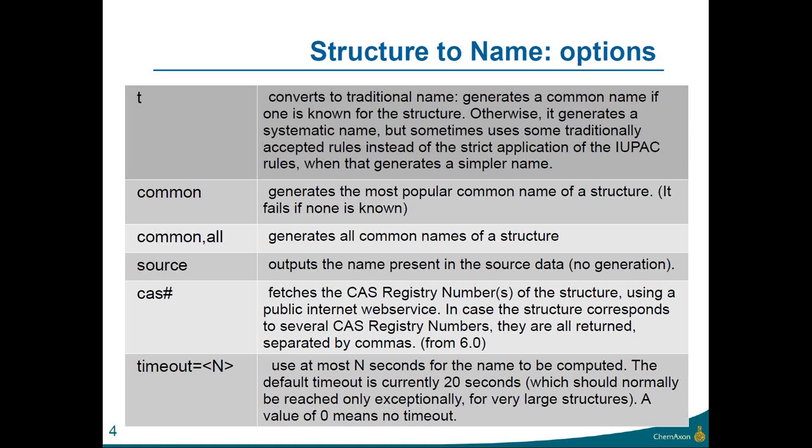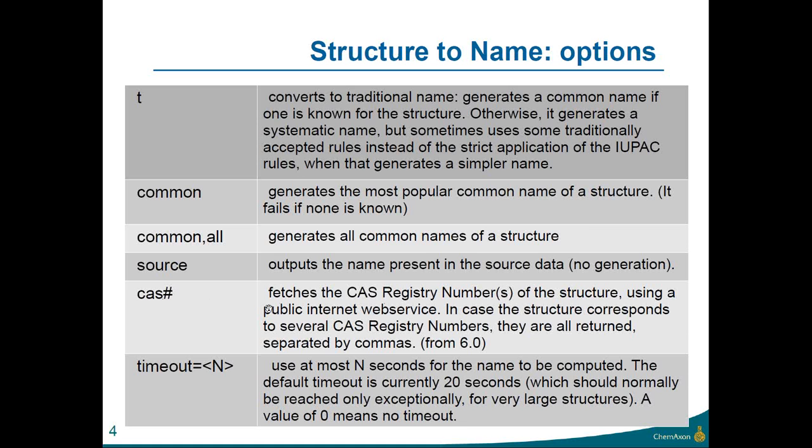Source will just give you that name, so it will be immediate. It will not take any time. Of course, there are other ways to get this name, but this is useful just for uniformity with other options, so that you can also get that name if you want.